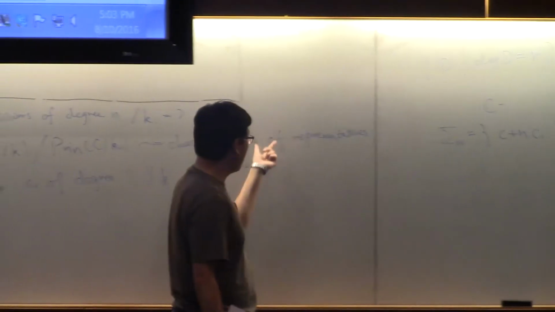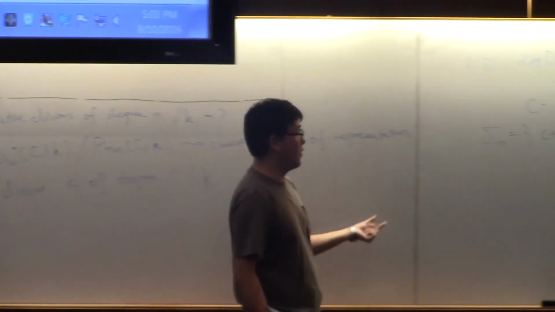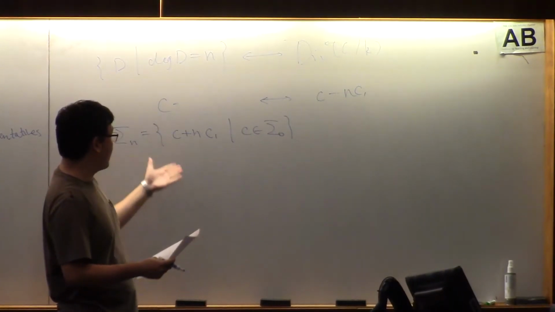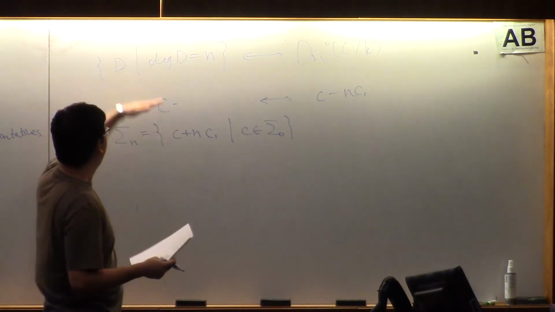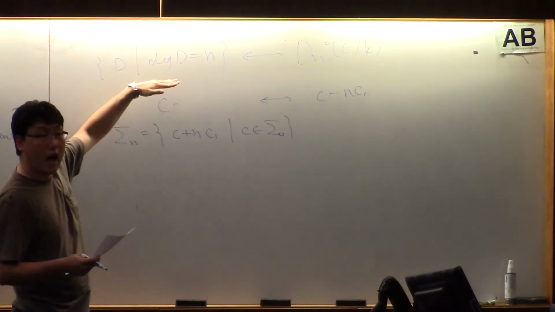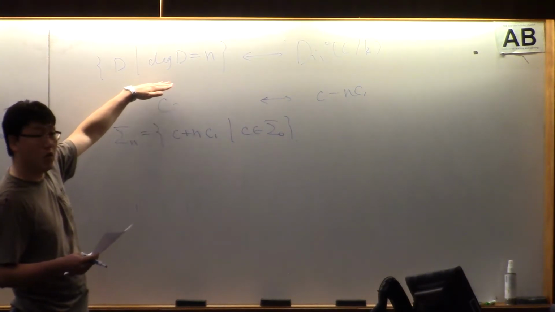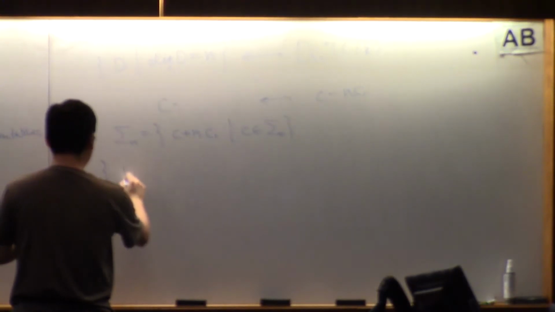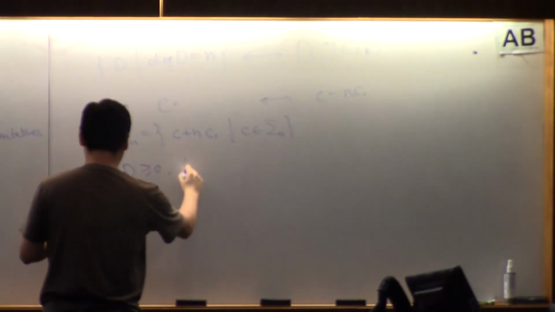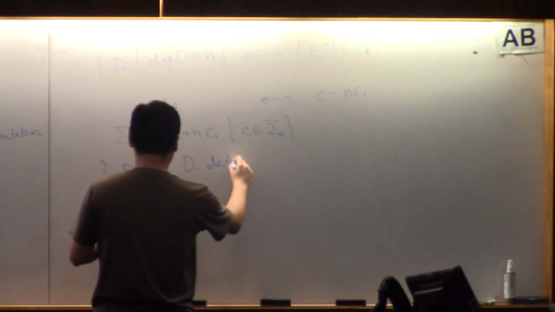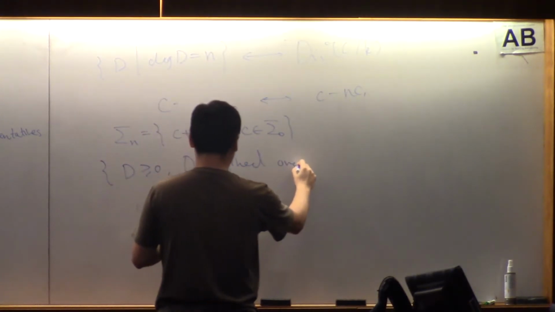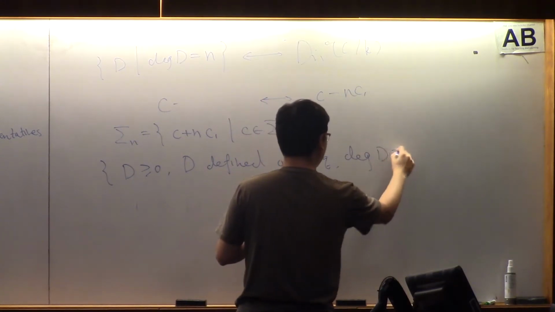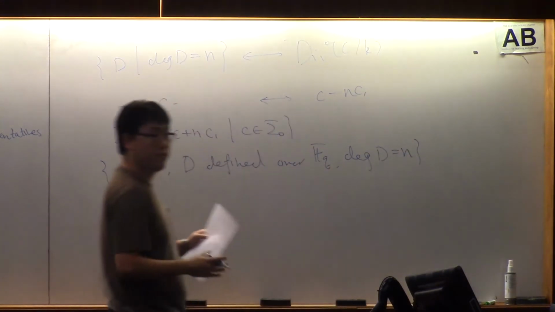And for each element in this set of representatives, I add n times C1 to the divisor, and I get a set of representatives of this set under the linear equivalence. Okay? Then I can have a description of this set.